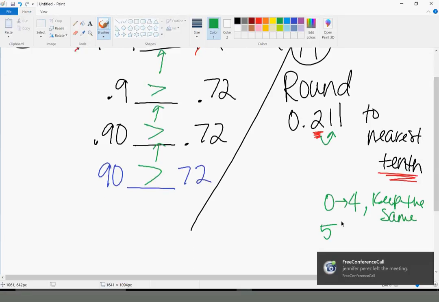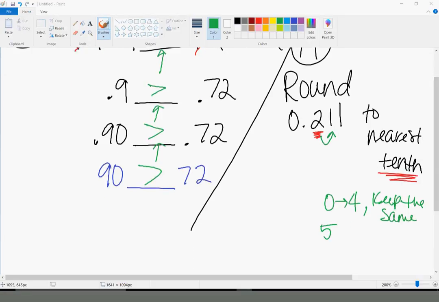If that number is 5 through 9, we're going to round up. So we're looking at the 1. That number is between 0 and 4, so that means that we're going to keep that 2 the same. So the answer is going to be 0.2.